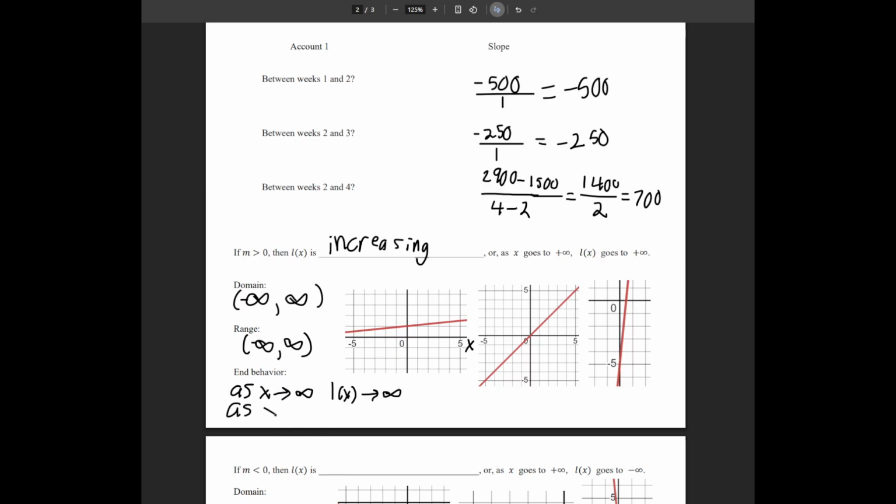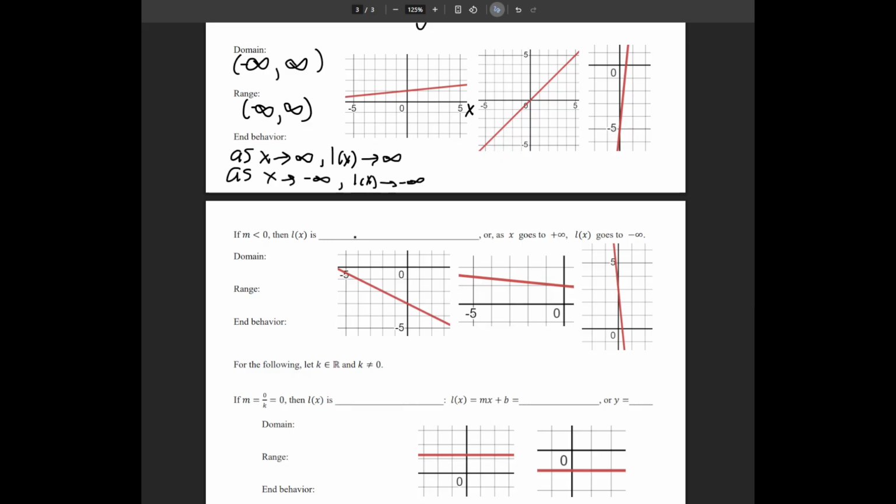As x approaches negative infinity, or as we go to the left on the x-axis, our y values also decrease or fall down to negative infinity. Let's put a comma here to separate these. L of x goes to negative infinity. So this is for a positive slope, when your line is increasing.